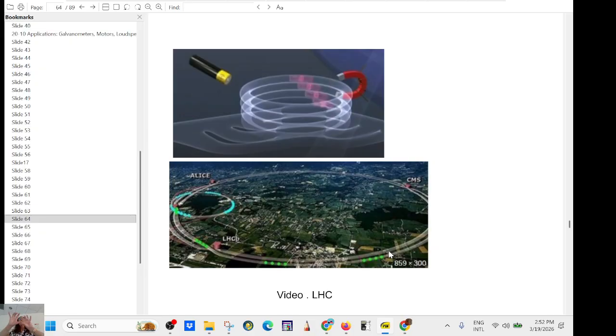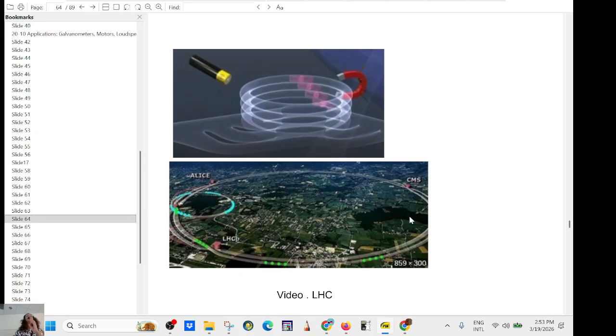That way, instead of having a linear accelerator that takes so much space, they make them go around a circle, and they push them around the circle. They go faster and faster because of the electric field. When they collide, they destroy each other, E equals mc squared, and out of this energy you have new particles.